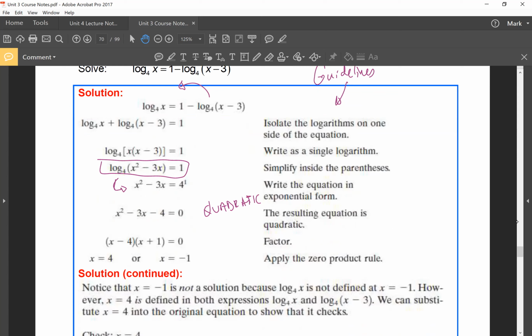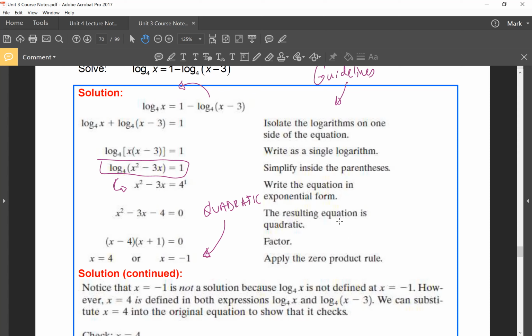Now, when you solve a quadratic equation, I don't care what method you use. You can use the quadratic formula, you can use factoring, you can use completing the square. All of this was done on your test. The book is using the zero product rule here, which again, we did in class. But when we solve the quadratic, we get 2 solutions.